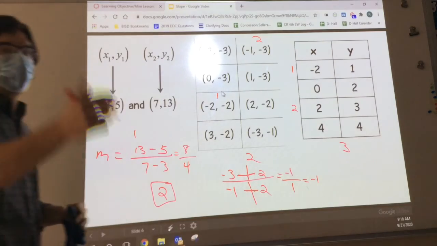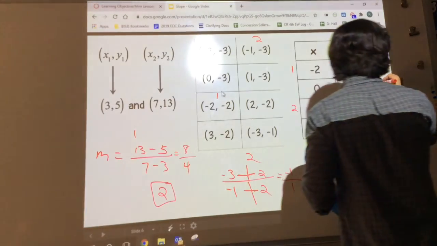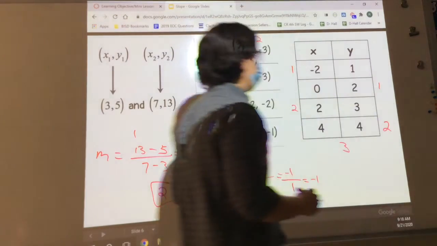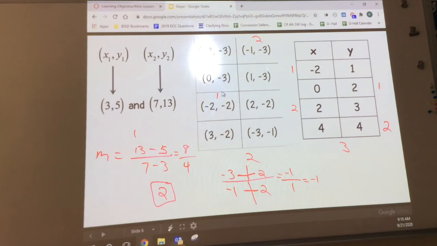If your birthday is July to December, I want this to be your 1 and this to be your 2. Does everybody understand what I'm asking you to do there? I want to compare and see if we get the same answers. We should, but I just want to make sure that we see it together. So again, January through June are doing the left 2, and then July through December are doing the rights.